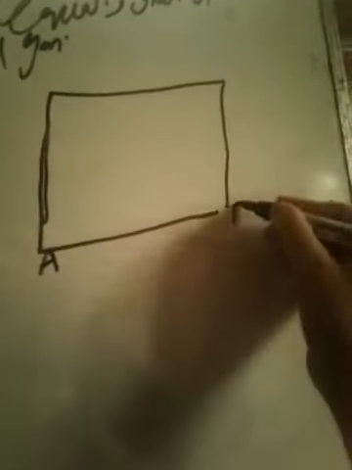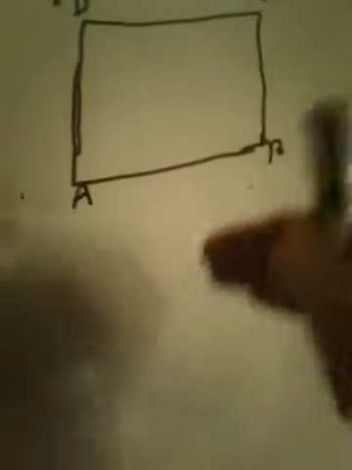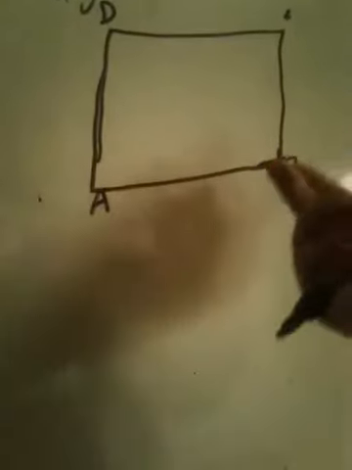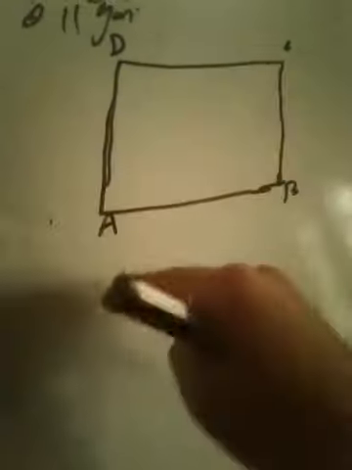This is your quadrilateral ABCD. We take one pair of sides, say AB and DC, and we write AB parallel to DC. This is given. Actually, we have to prove that this is a parallelogram.